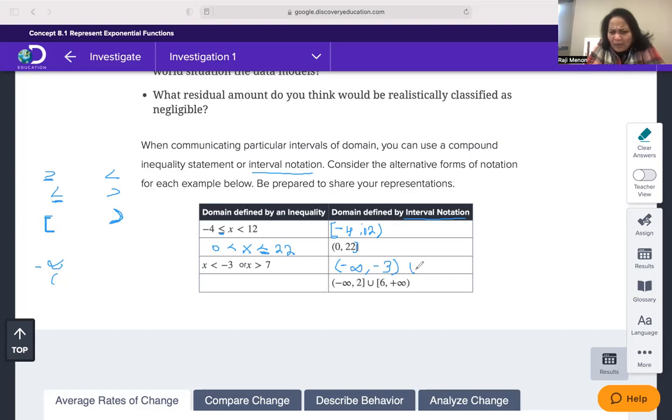Union means this or this, while and means intersect. So this is the union sign. It's a little bit confusing. Watch carefully. x can be less than -3 or x can be greater than 7. So how do you write that part? 7 going all the way to positive infinity and closing with a parenthesis there.